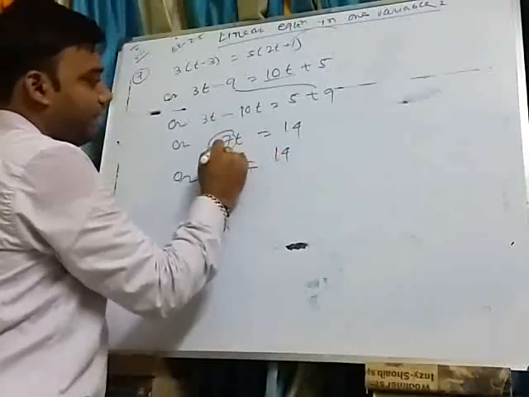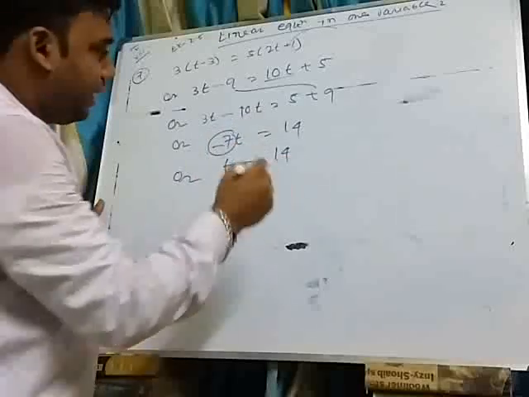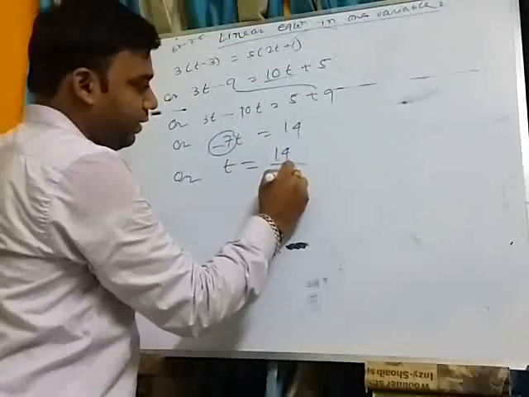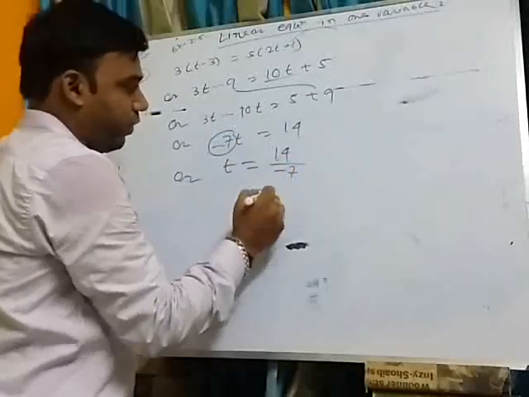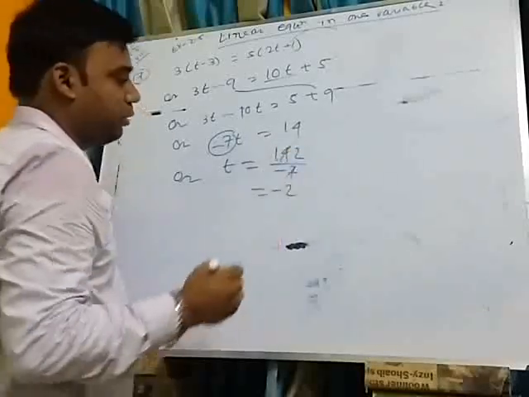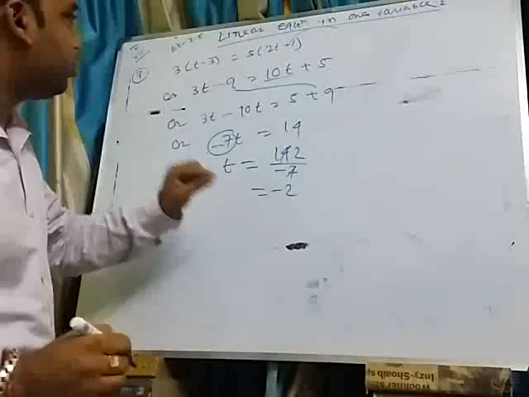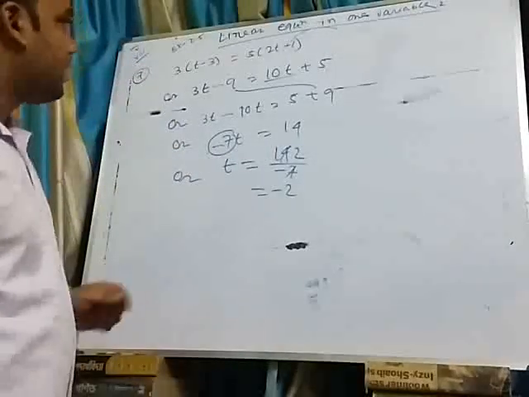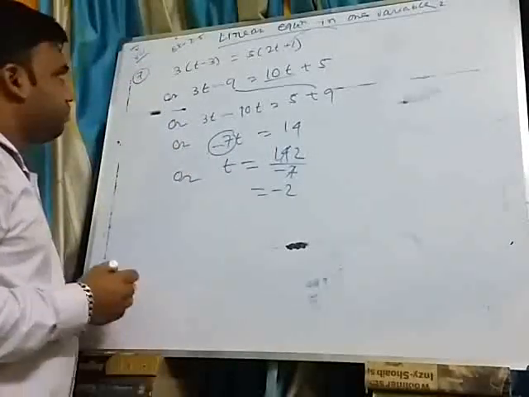Now minus 7 into t, on this side it will be a denominator, 14 by minus 7, that is minus 2. So minus 2 is the solution of equation 7.